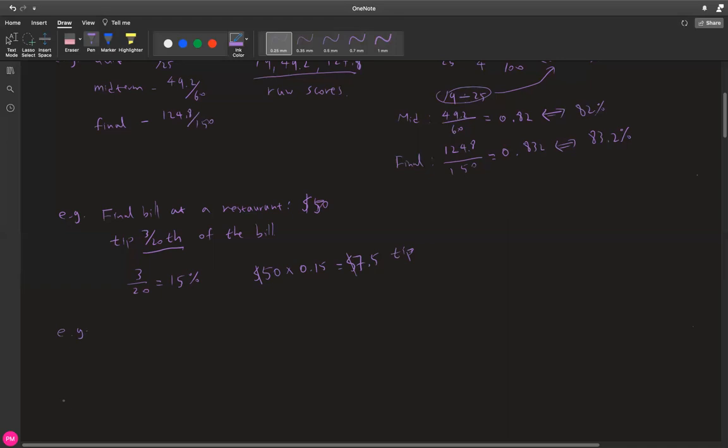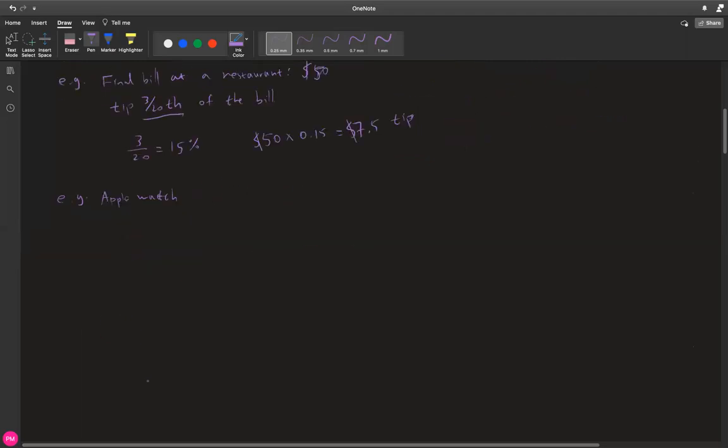So let's say you're looking to buy an electronic, let's say an Apple Watch. Or anything, it doesn't matter. This is just for the context. And two different stores.